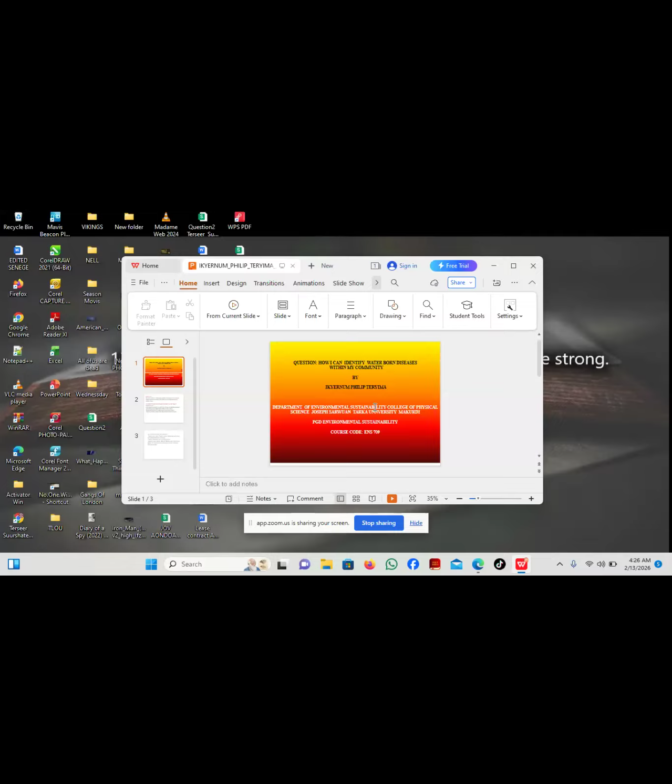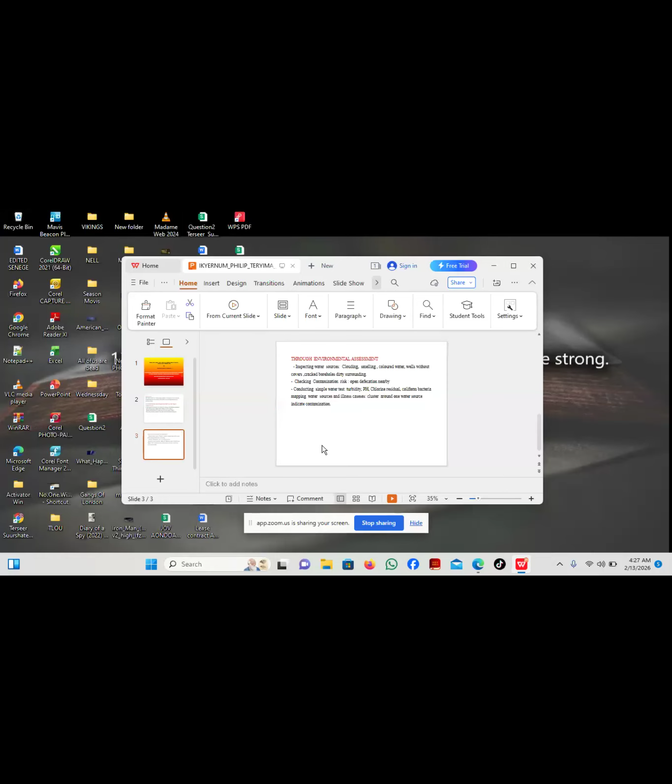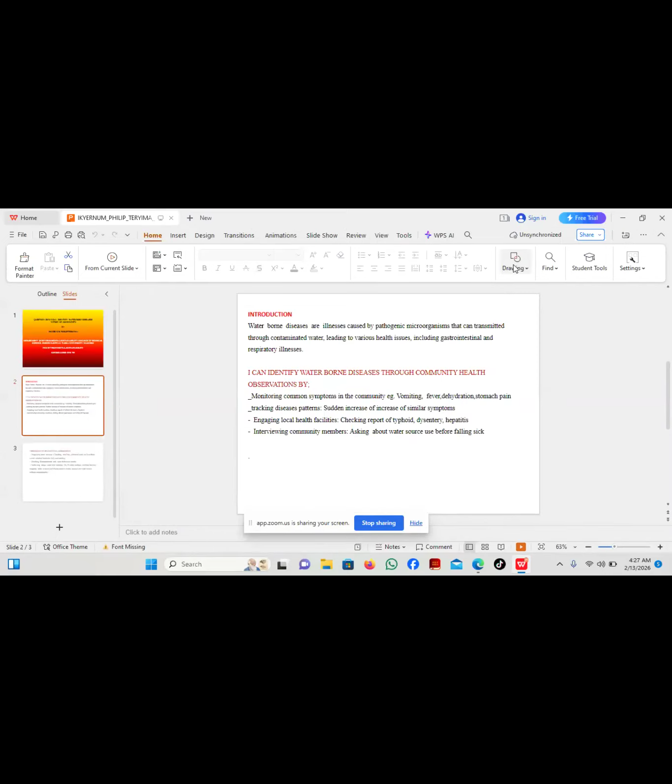My name is Ikenon Philip Teyima, presenting how I can identify waterborne disease in my community. Introduction. Waterborne diseases are illnesses caused by pathogenic microorganisms that can be transmitted through contaminated water, leading to various health issues, including gastrointestinal and respiratory illness.